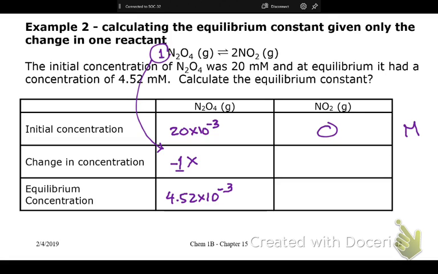So you guys know the stoichiometry things, right? So I'm going to say this is 2x. And because the reactant is going down, the product's got to be going up, so I leave it as plus. I'm going to write the plus because I want you guys to see that it's positive. It's going up. So these signs indicate the direction of the reaction.